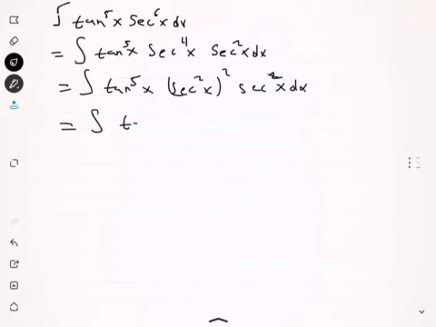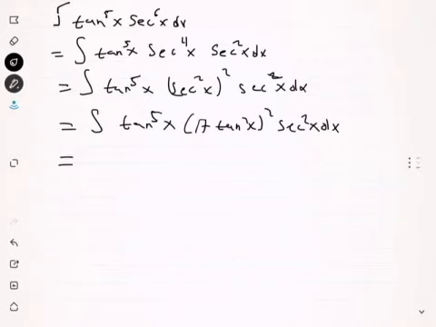And so then this will be tangent to the fifth power, and secant square equals 1 plus tangent square. So we have 1 plus tangent square x, and then we square it, and then we have secant square x dx.